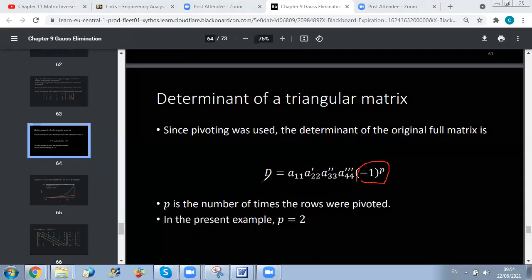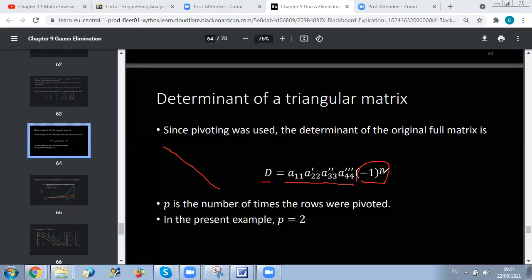For an upper triangular matrix, the determinant is the product of the elements on the diagonal. So the determinant of your final upper triangular matrix is A11 times A prime 22 times A second 33 times A third 44. And if you did pivoting operations, then the determinant of the original full matrix is equal to the determinant of the upper triangular matrix times minus 1 to the power p.